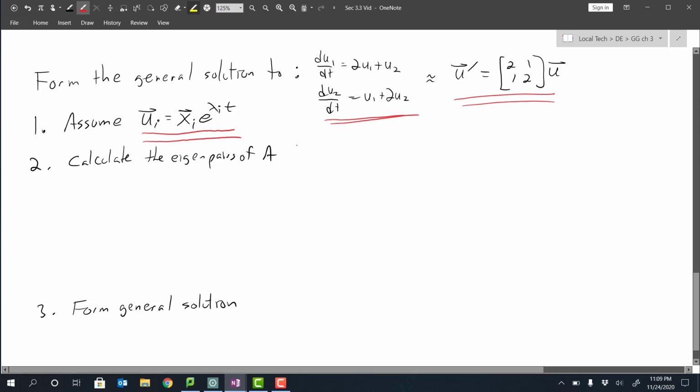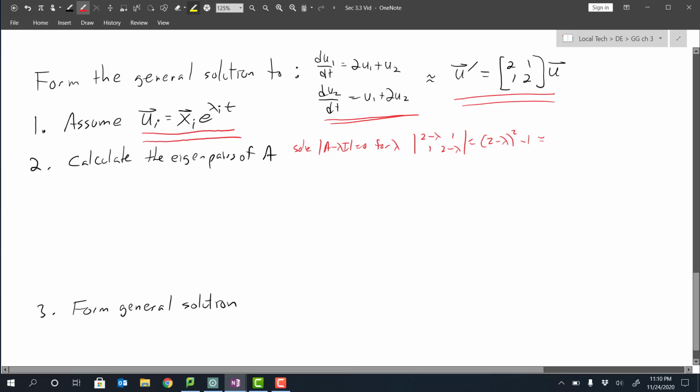So step one is to solve the determinant of A minus lambda I equals 0 for my eigenvalues. So I will subtract lambda on the diagonals and calculate the determinant, which in this case would be 2 minus lambda squared minus 1.